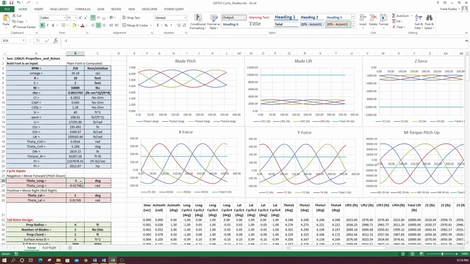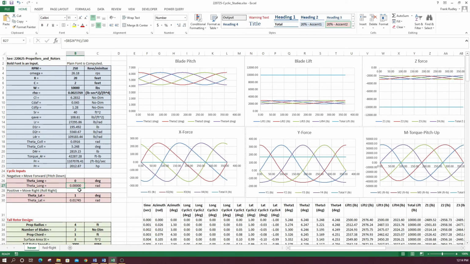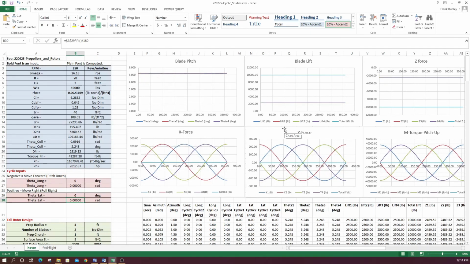But anyway, I can put zeros in here, and you'll see a lot of these waveforms change. With zero longitudinal cyclic and lateral cyclic, the blade pitch is constant. It says 5.28 just to represent the collective.